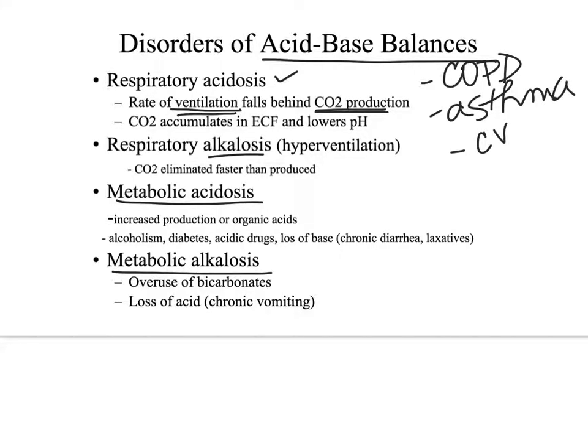It could be a cardiovascular disorder. So all of those things that are going to affect gas exchange and getting the carbon dioxide out are going to cause us to go into respiratory acidosis. So as our carbon dioxide accumulates, the pH will go down. Okay, and that's bad. So the way that our body will try to compensate for it is it will try to speed up our respiratory rate.